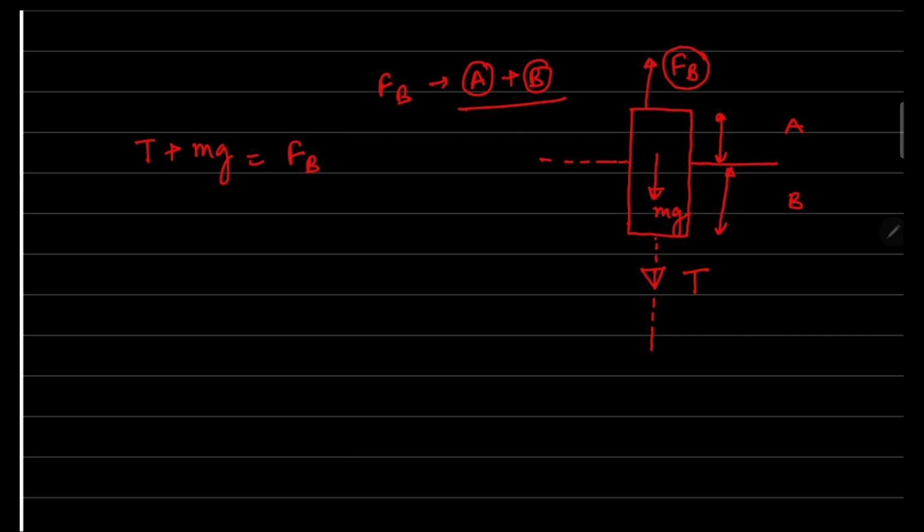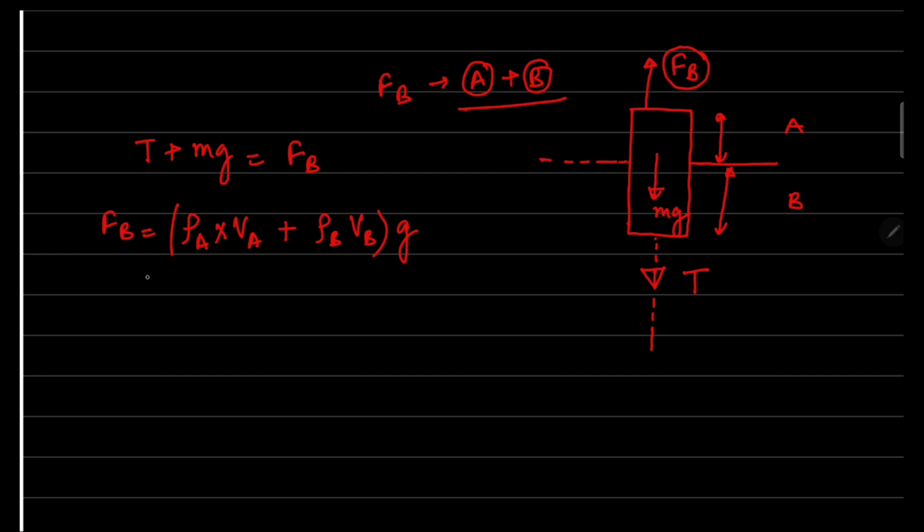So let's quickly figure out. We have to only figure out the FB because the other things are given to us. So FB is rho of A into volume of A plus rho of B into volume of B, multiplied by G, that will be the buoyancy force.